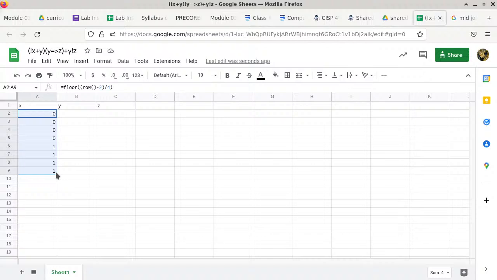What is 6 divided by 2? It's 3. But wait, hold on a second here. I don't want a 3 here, because we want 3 mod 2. So after we take the floor of the quotient, we also want to do a mod 2.